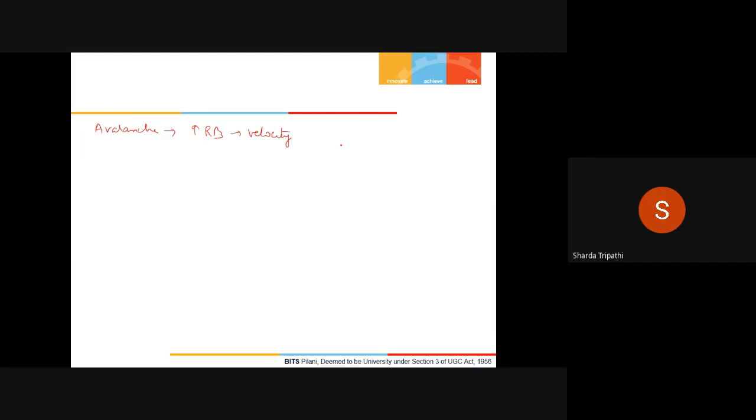Like holes from the N region cross the depletion region and enter into P. Likewise, the minority carriers in the P region, that is the electrons, move to the depletion region and then cross it and move to the N. So the velocity with which these minority carriers are moving across the PN junction also increases.